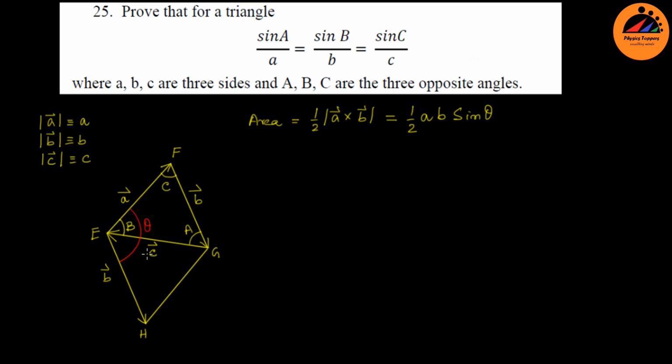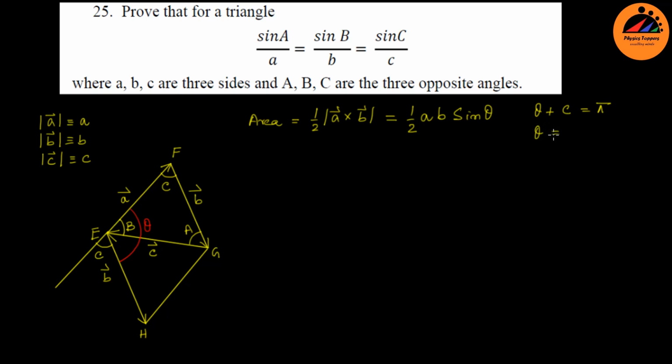Now what is the relationship between theta and C? Let's extend this EF line a little bit, and we can easily identify that this angle is C, right? So we can easily say that theta plus C is equal to pi.